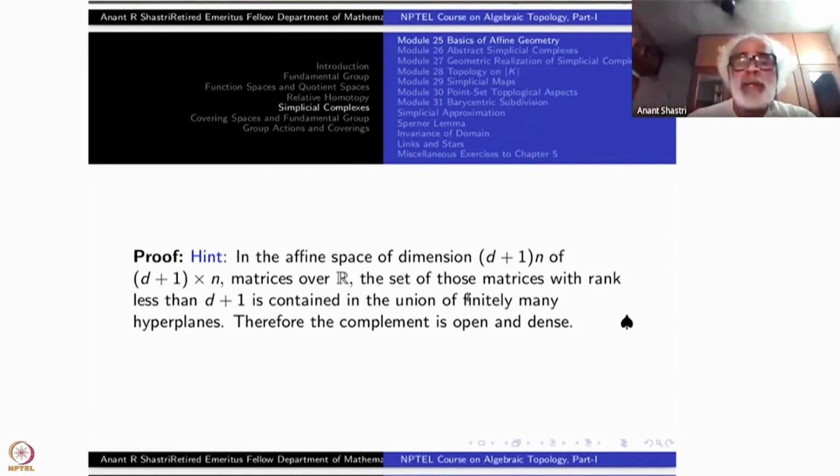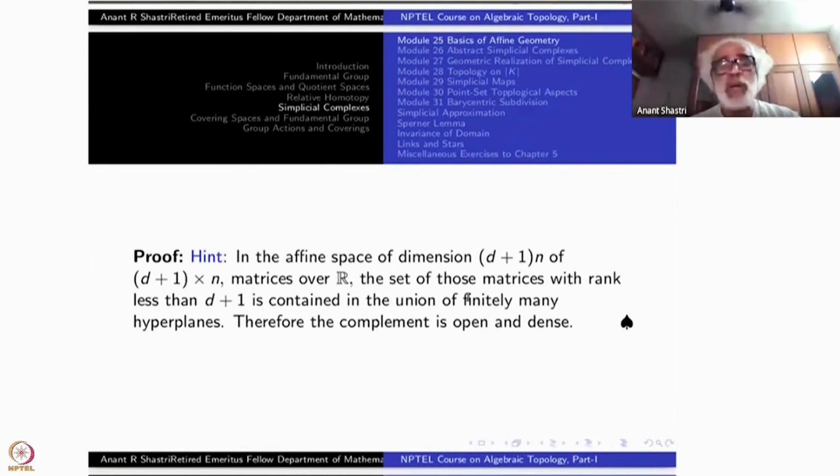Those matrices with rank less than D plus 1 are contained in a union of finitely many hyperplanes.